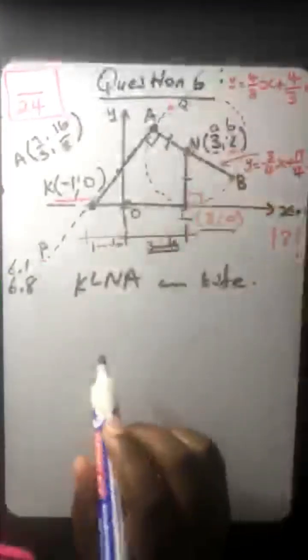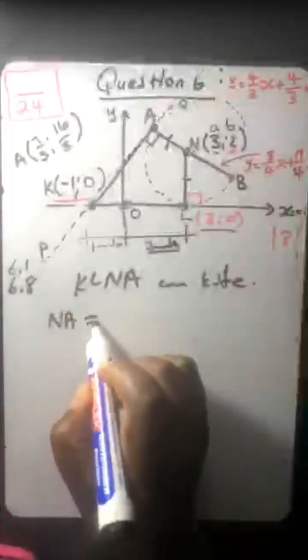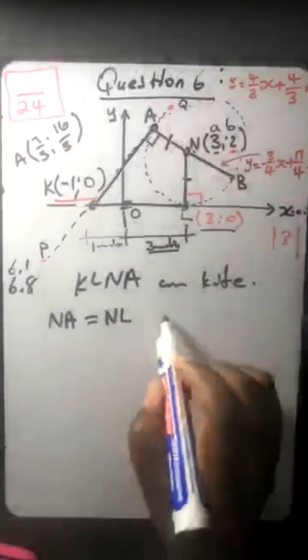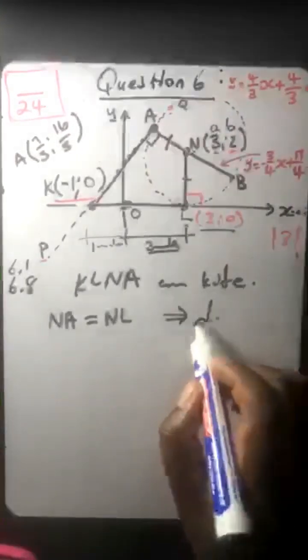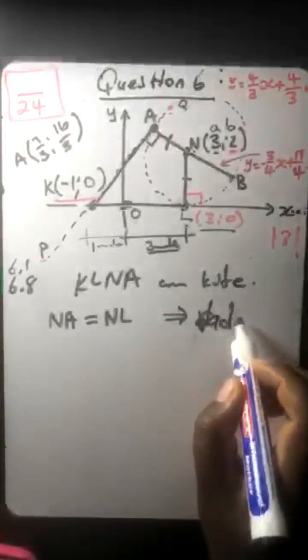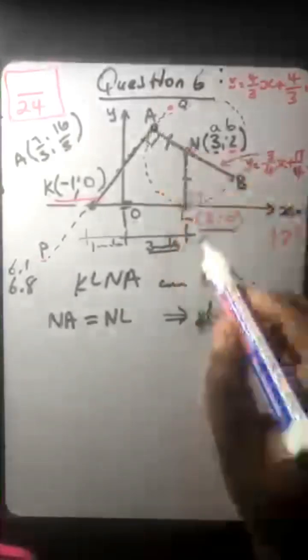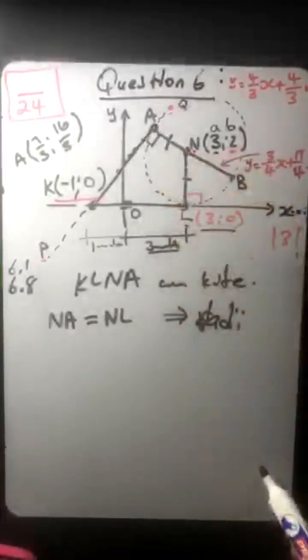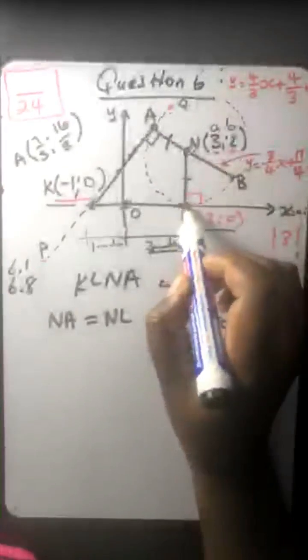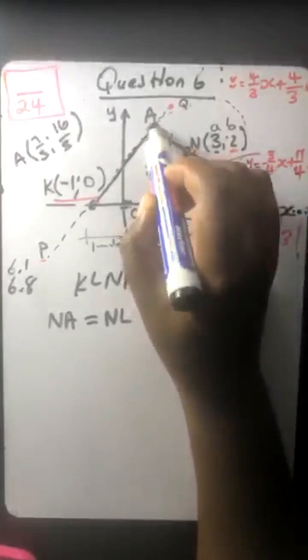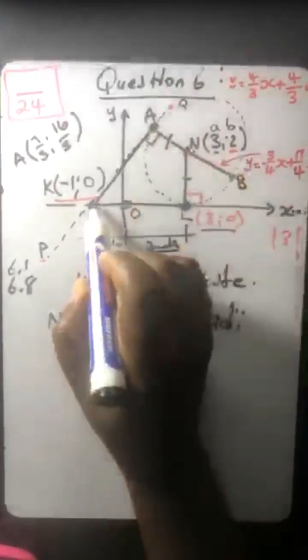So this is equal to that. So it's more like NA is equal to NL. How do I know? Radii. Two radii are equal. This is a radius, this is a radius. Those are equal. And also, from that point of the tangent, we also have another tangent, and both of these go to that same point there.